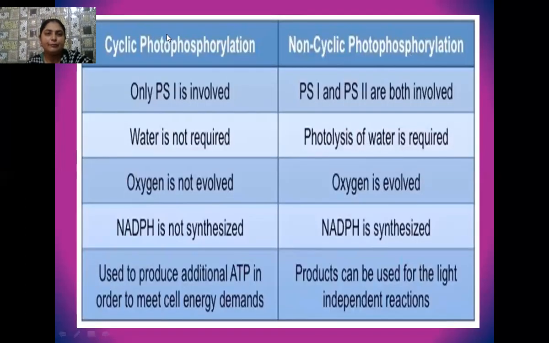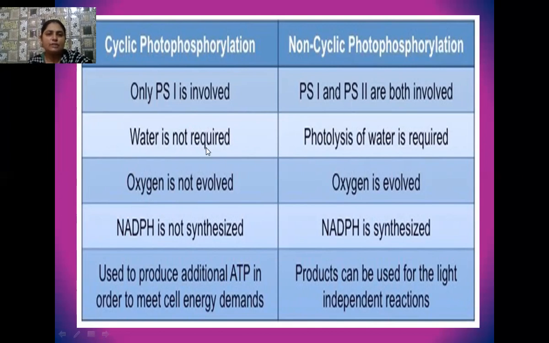Okay, students, see the difference between cyclic photophosphorylation and non-cyclic photophosphorylation. Must remember, in cyclic photophosphorylation, only one photosystem is involved, that is photosystem 1, P700. In non-cyclic photophosphorylation, both photosystems are present: photosystem 1, that is P700, and photosystem 2, that is P680.